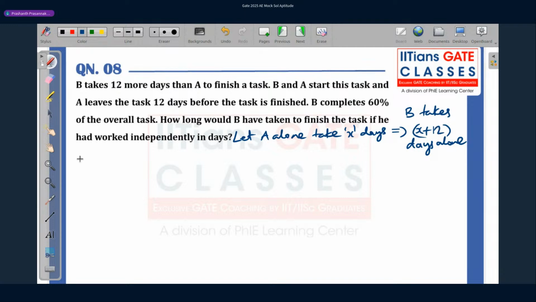Also, let me take another variable T. This will be total time. Okay. This means it's clear, right?